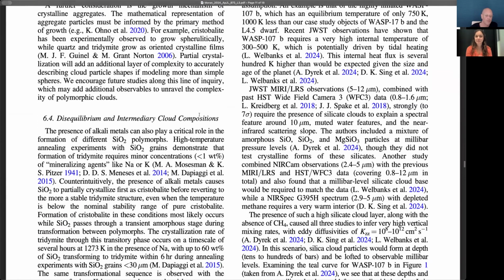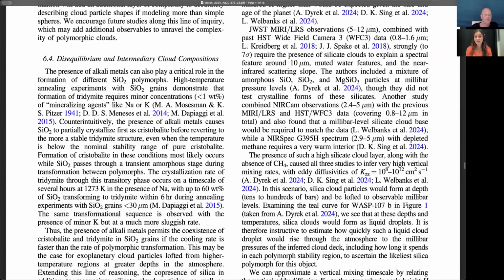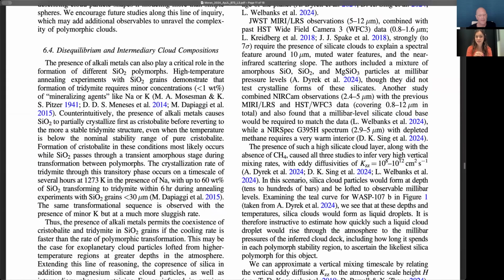Good. The next thing you can think about is I focused very intensely on SiO2 here. Yes. But you might imagine mixed cloud compositions. And so that's something to consider. Alkalis are probably really important to actually make tridymite. That was another thing that Sam told us, our geologist, is that you actually pretty rarely should just have tridymite forming by itself.